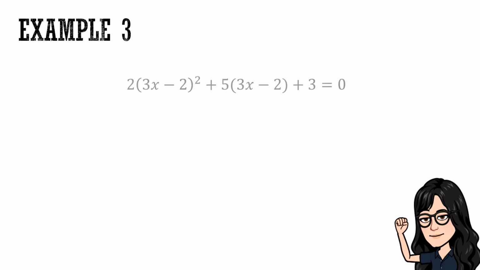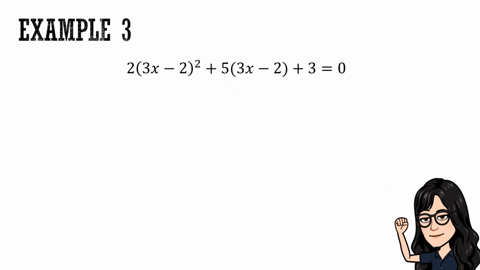Example number 3. 2 times the quantity 3x minus 2 squared plus 5 times the quantity 3x minus 2 plus 3 equals 0. For this kind of question, we must simplify first the quantity 3x minus 2 squared and 5 times the quantity 3x minus 2. In this case, we will be using the square of a binomial.